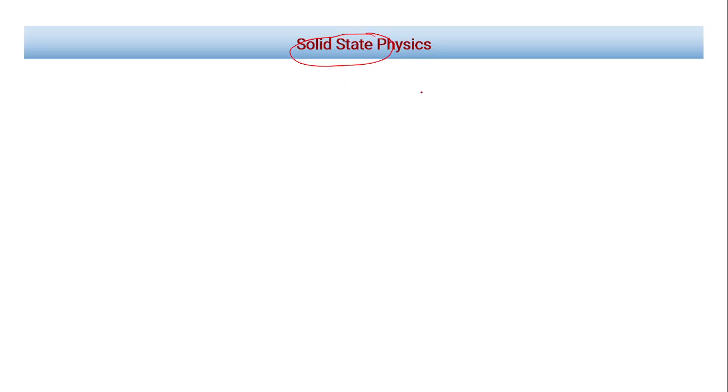States of matter we already learned in school, but we'll still have a quick revision. The solid state is very commonly found around us, and this course, as the name suggests, deals with these kinds of materials.